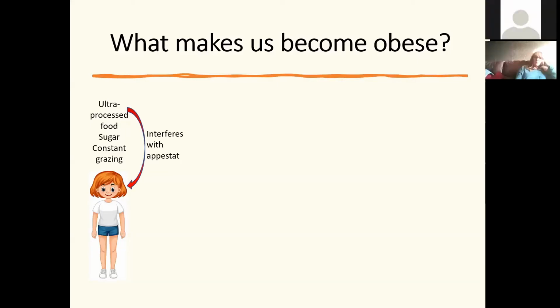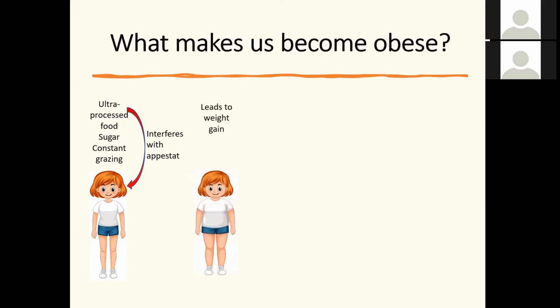Like I said, that ultra-processed food interferes with what we call the appestat, the appetite regulation mechanism in the brain. So she's probably starting to overeat because she's not getting the proper signals through to stop eating. So this leads to weight gain, as you'd expect.